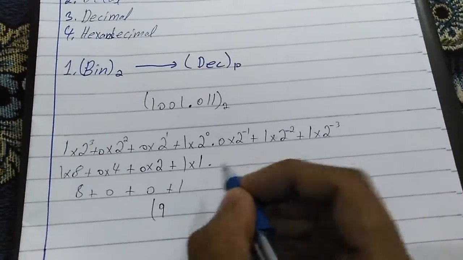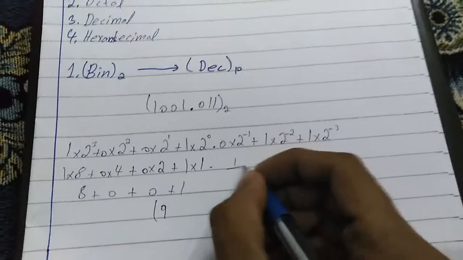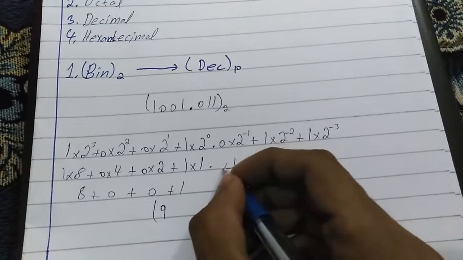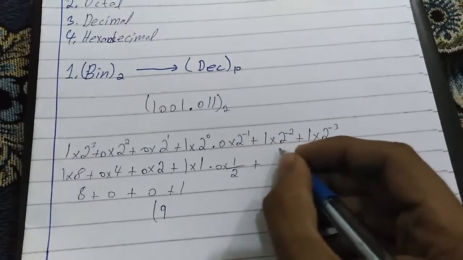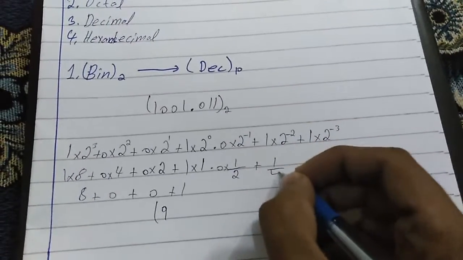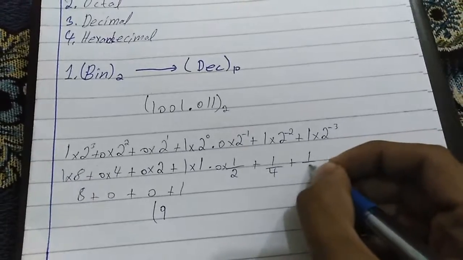Now after simplifying, this will become 1 by 2 into 0, which is 0, plus 1 by 4 and plus 1 by 8.